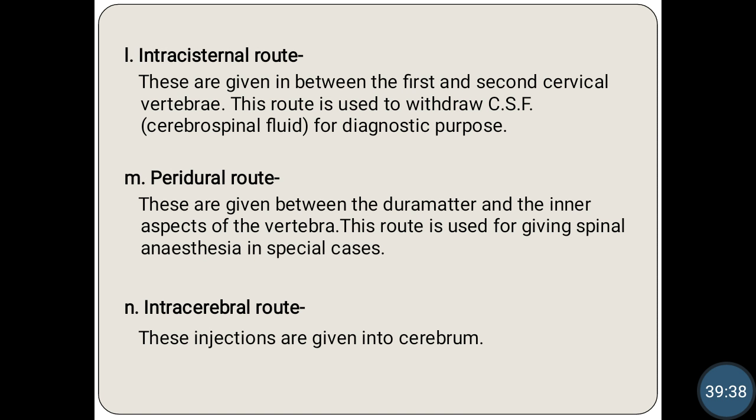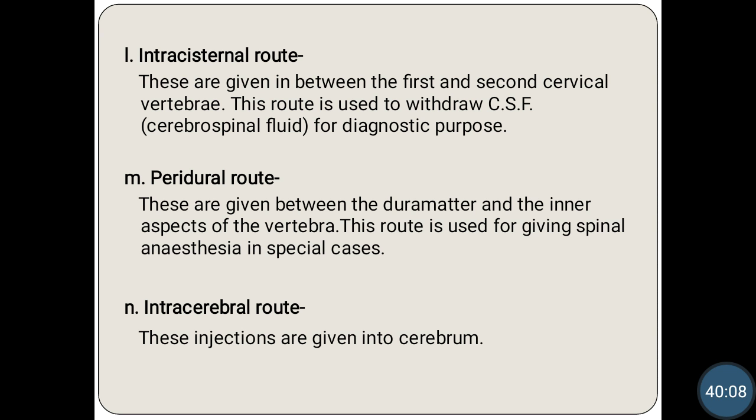The next one is the intracisternal route. These are given in between the first and second cervical vertebrae, and this route is used to withdraw the cerebrospinal fluid for the diagnostic purpose.